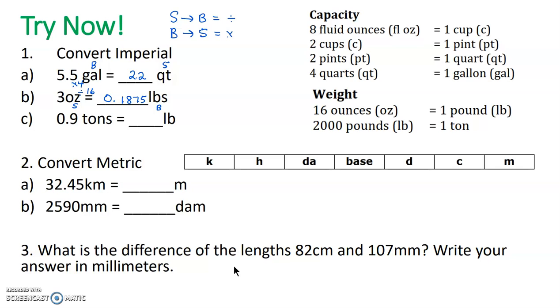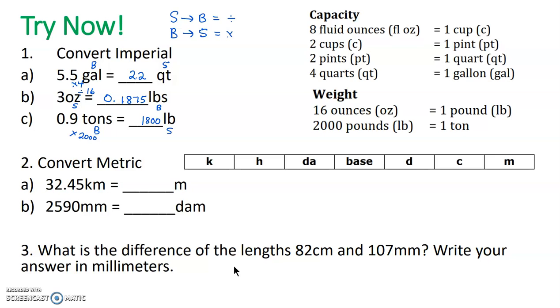For C, we're going from tons to pounds, so we're going from big to small, so we're going to multiply, and this time we're going to multiply by 2,000. So 0.9 times 2,000 gives a result of 1,800 pounds.